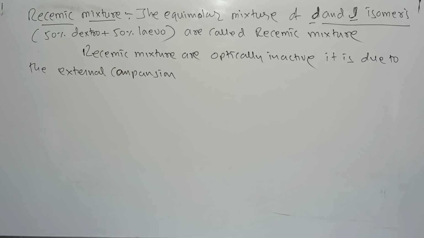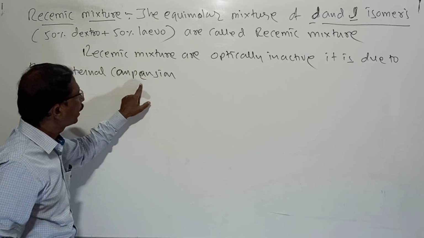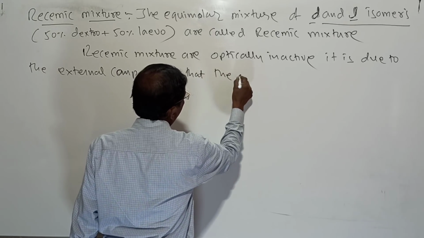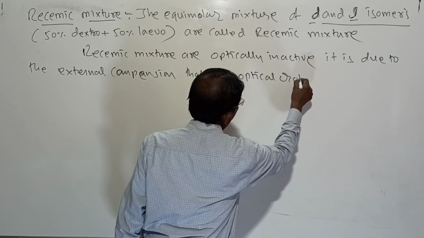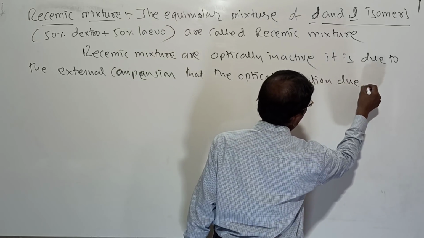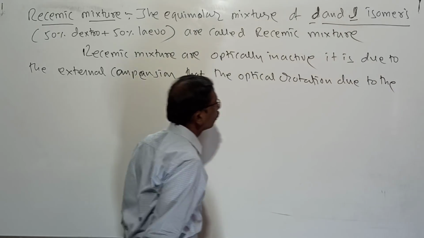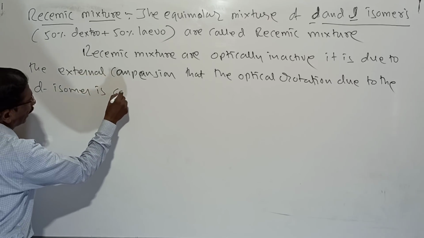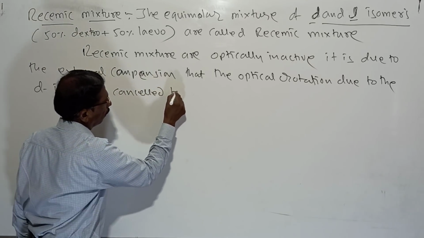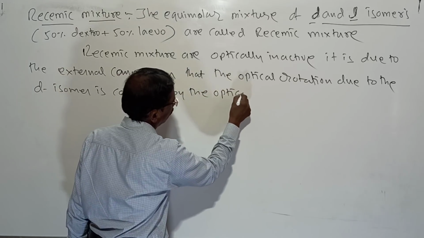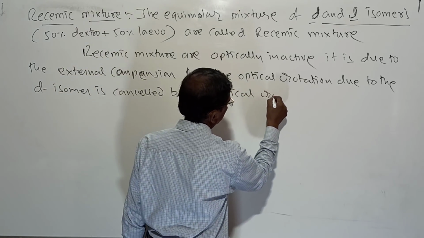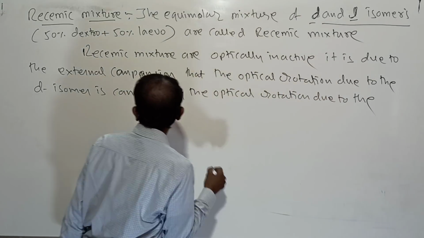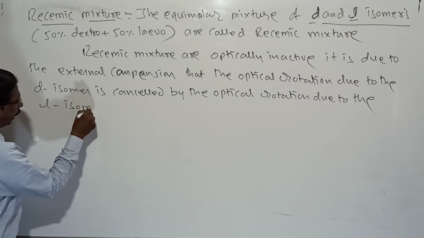External compensation means that the optical rotation due to the D isomer is cancelled by the optical rotation due to the L isomer.